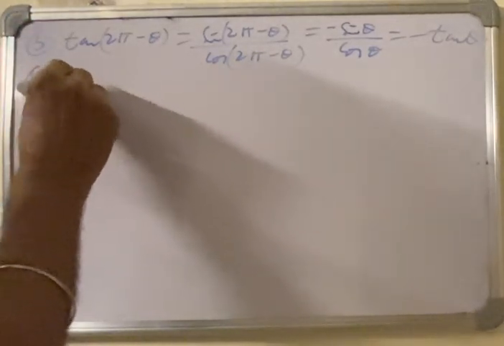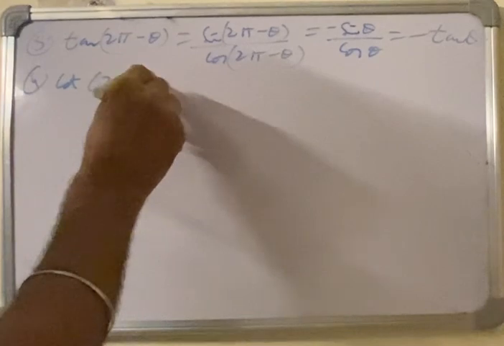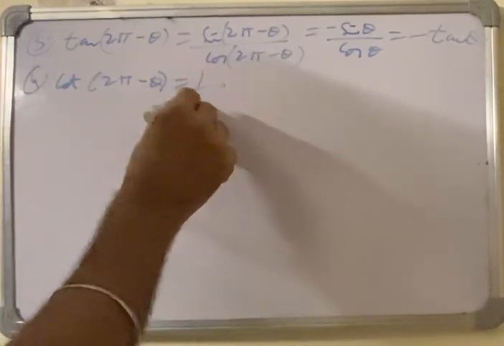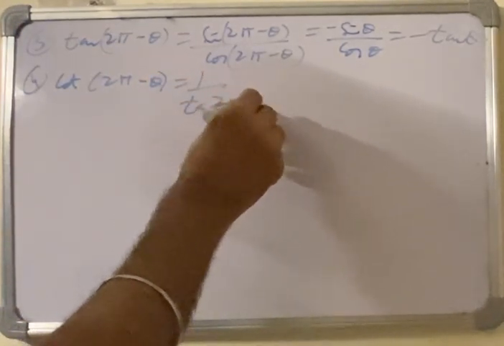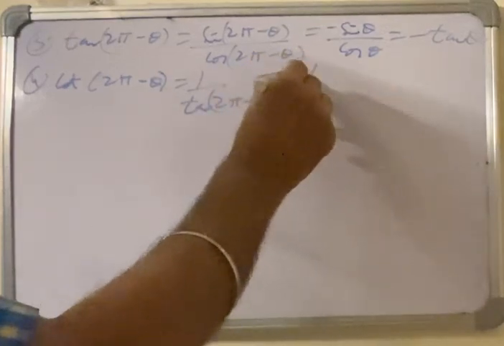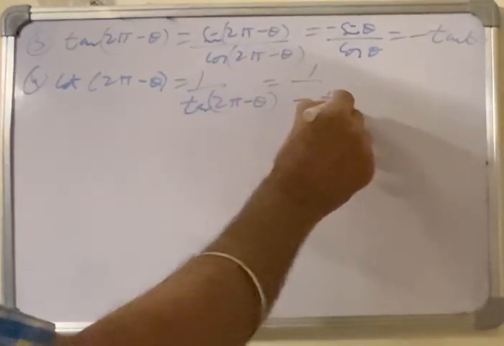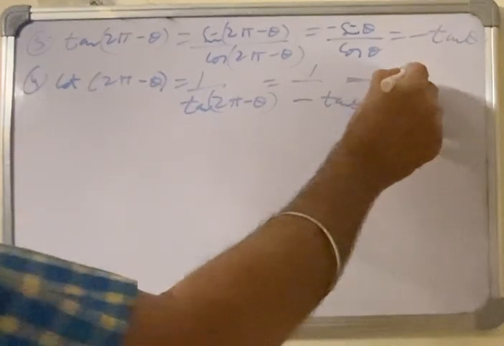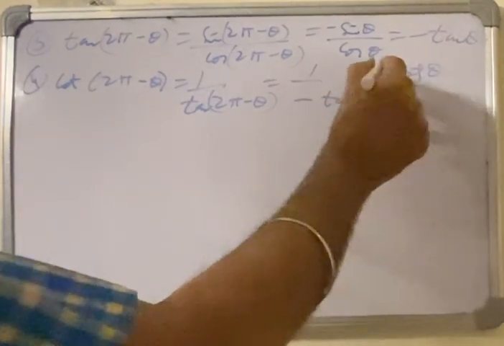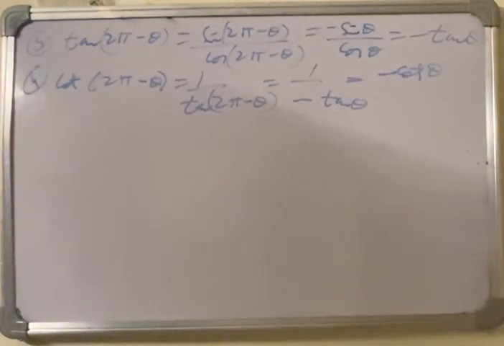Similarly, cot 2 pi minus theta is equal to 1 over tan 2 pi minus theta, which is 1 over minus tan theta is equal to minus cot theta. So cot remains cot in case of 2 pi minus theta, but it is negative.